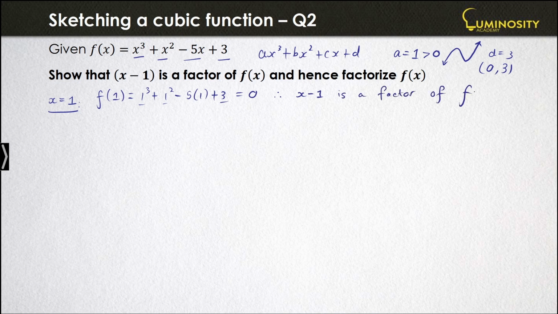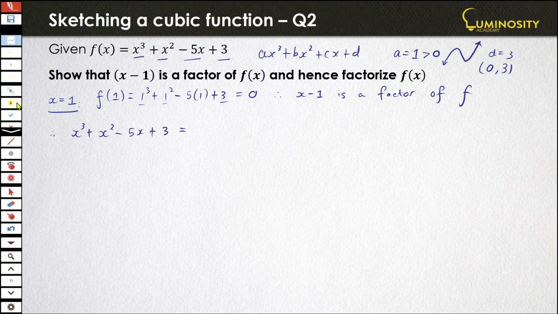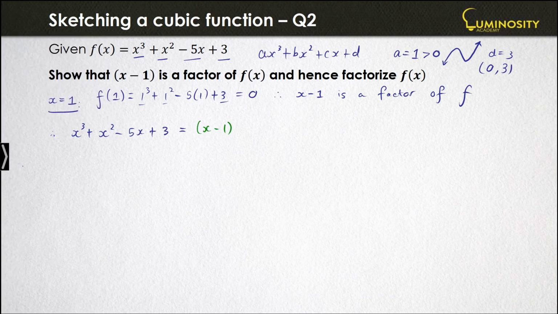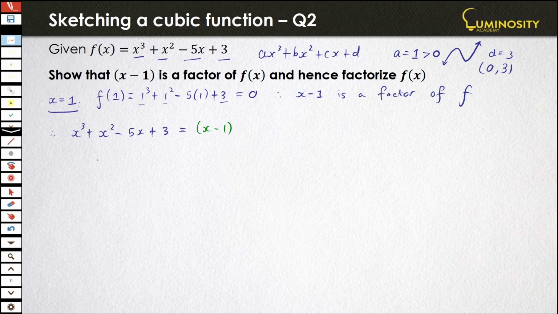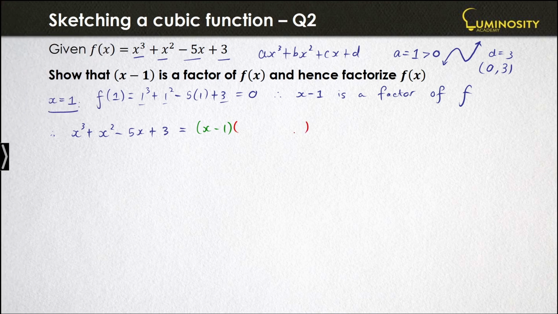Now, to factorize it, all we need to do is show that we can write x cubed plus x squared minus 5x plus 3 as x minus 1 times some quadratic expression. Now we can use a bit of logic.